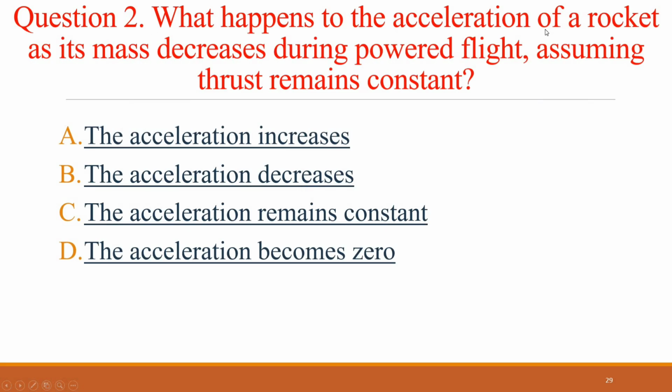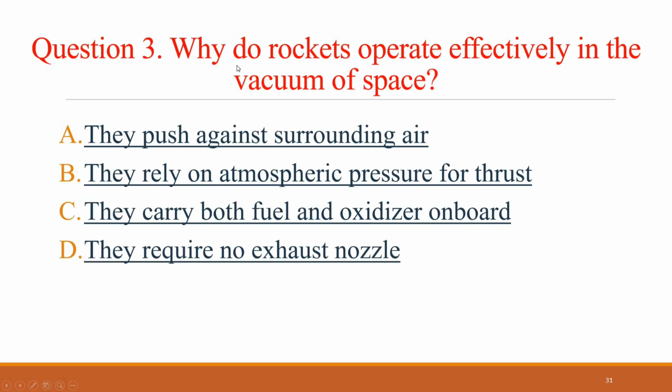Question 2. What happens to the acceleration of a rocket as its mass decreases during powered flight, assuming thrust remains constant? The correct answer is the acceleration increases. Question 3. Why do rockets operate effectively in the vacuum of space?